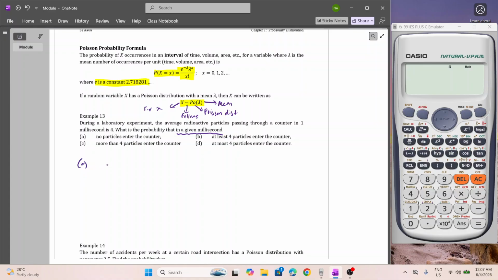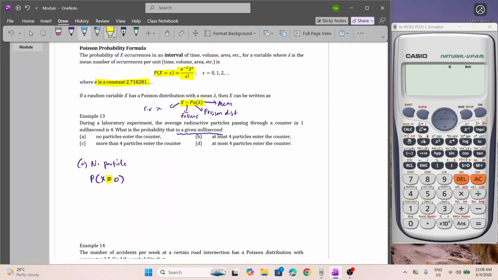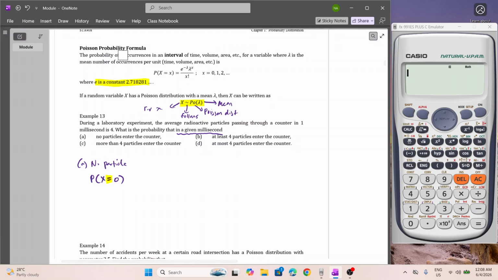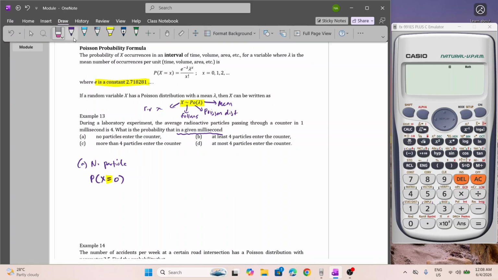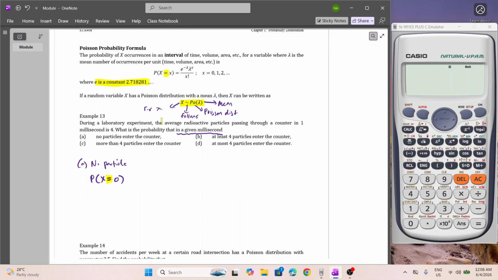No particles enter the counter. It also means that when there is no particle, we want to find the probability of x is equal to 0, right? So since we want to find the probability of x equal to a value, I think it is better for you to use the formula because the formula is given for the equal to sign, right?